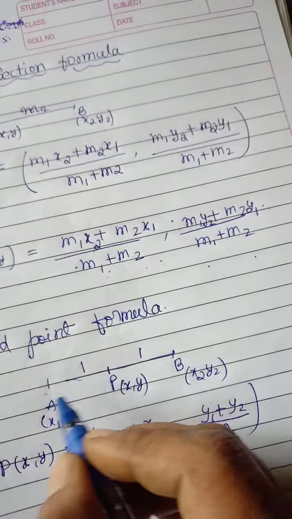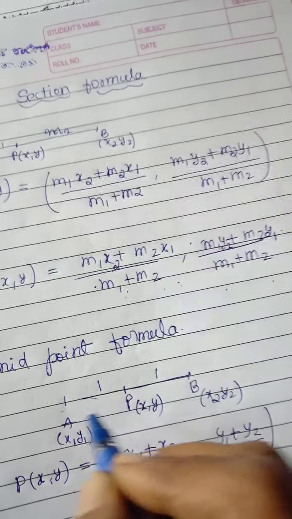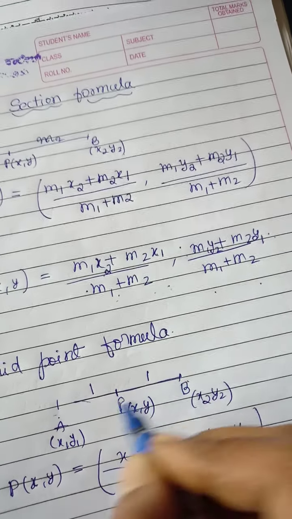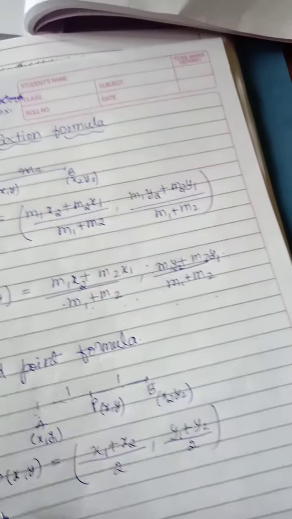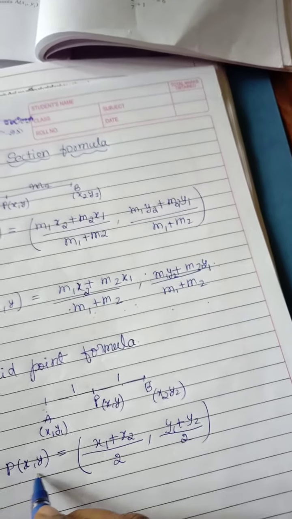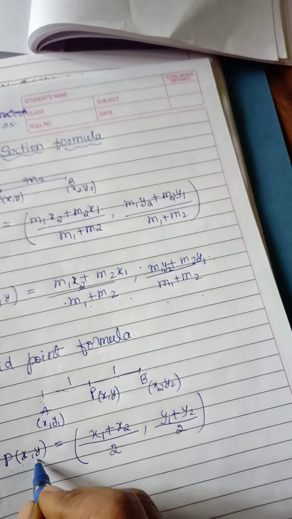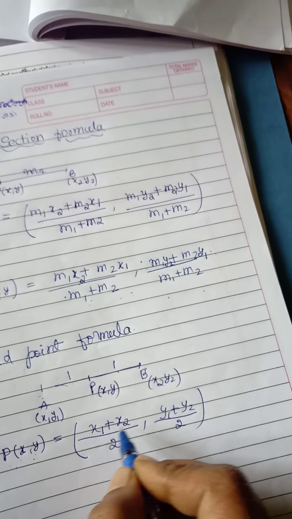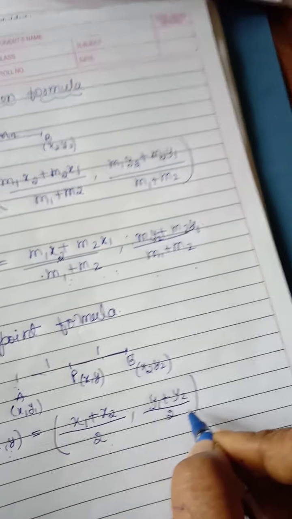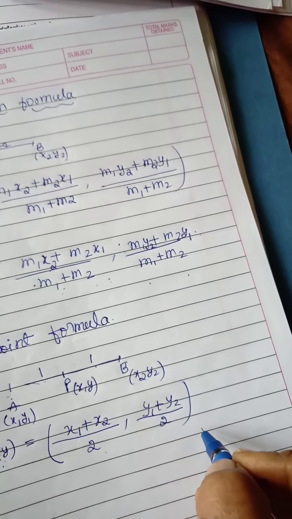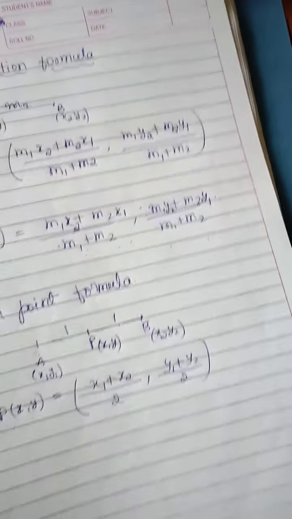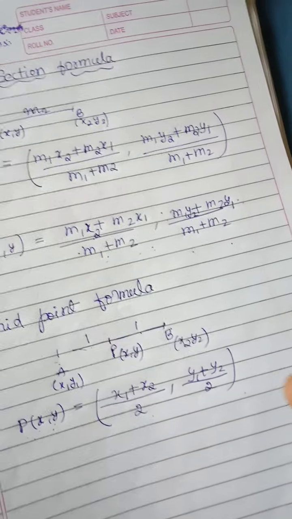If the point P divides the line segment in the ratio 1 is to 1, then we can use the midpoint formula: P(x, y) equals ((x1 plus x2) by 2, (y1 plus y2) divided by 2).